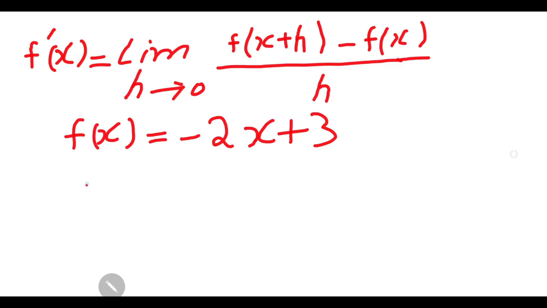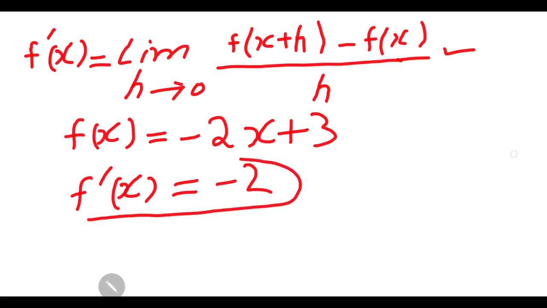If I apply the power rule to get the first derivative, that will be negative 2, because the derivative of the constant 3 is going to be 0. So when I apply the first derivative, my final answer must be negative 2. So I got the answer in advance. Now I'm going to solve this function by first principles.